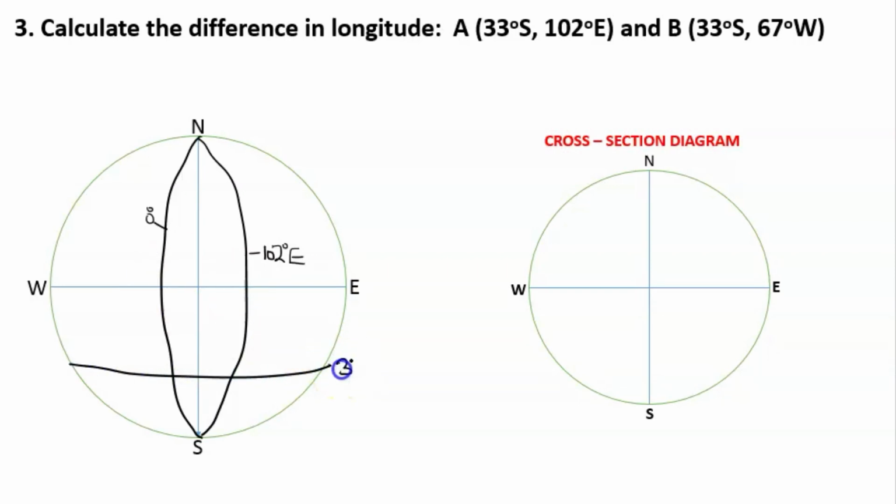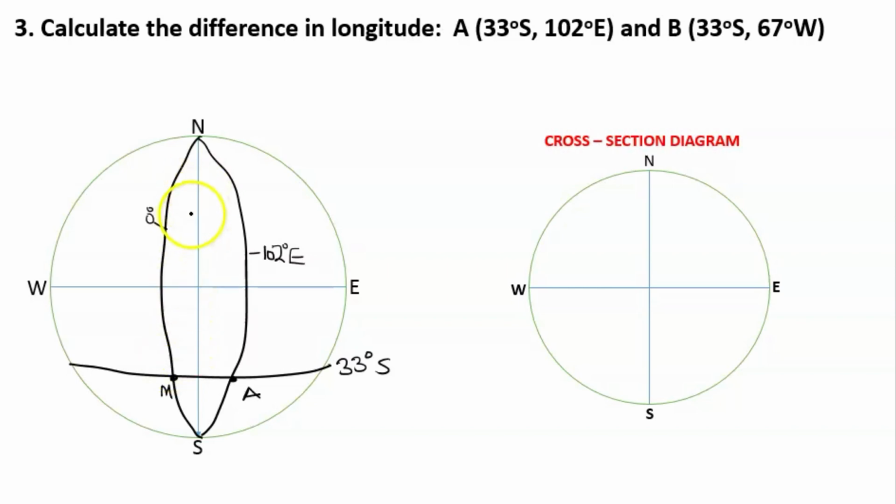So I have 33 degrees south. All right, so I can see a point of intersection here. That's my position A. This is also a position, but it is on the prime meridian, so we can use letter M or whatever letter you want to use. And we also have 67 degrees west.